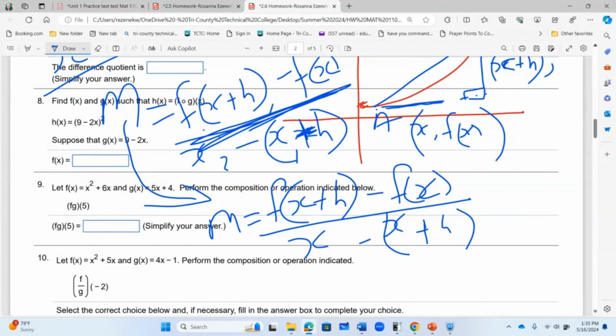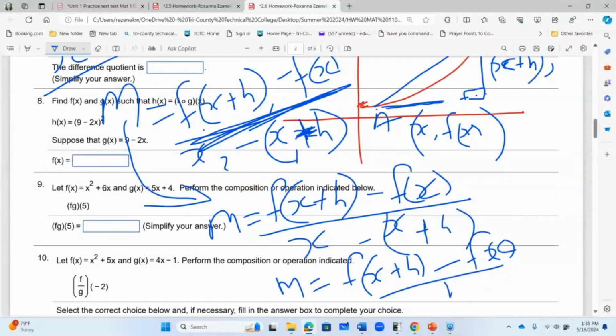And if I open the parentheses in the denominator, x will cancel with x. So I will end up with slope of the second line equal to f of x plus h. So whenever you're told to find the difference quotient, it's another way of finding the slope.